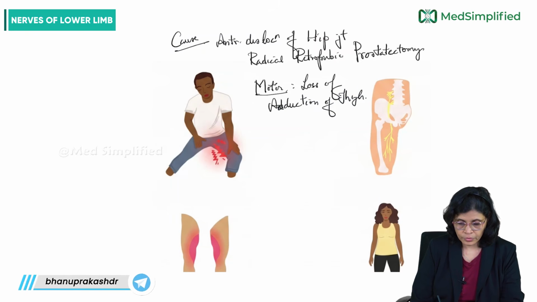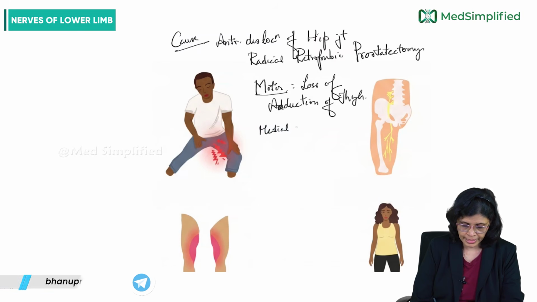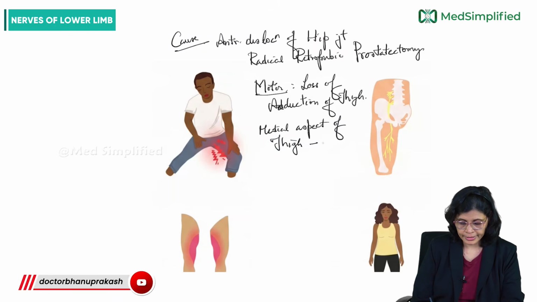And sensory loss will be a little bit along the medial aspect of the thigh, which is supplied by its anterior division.